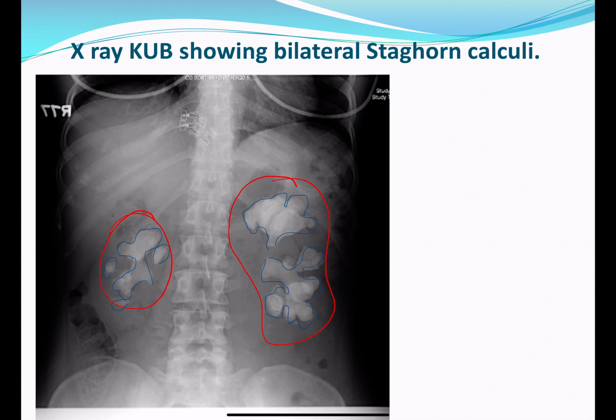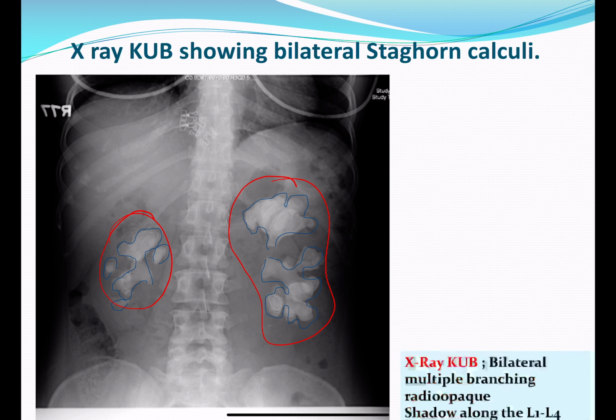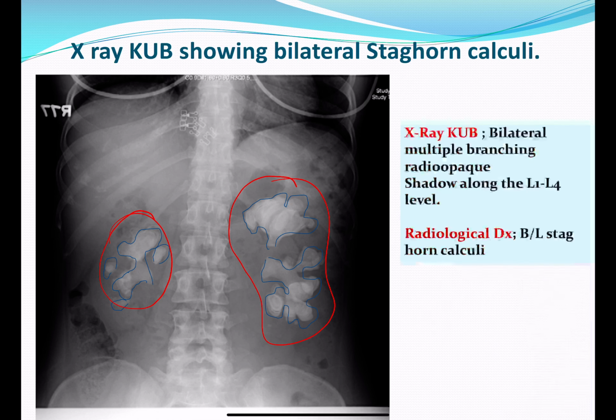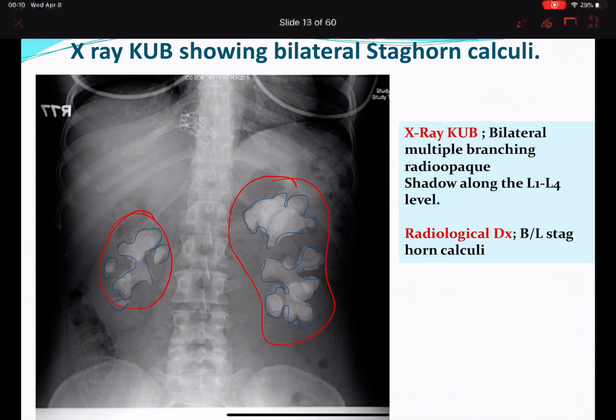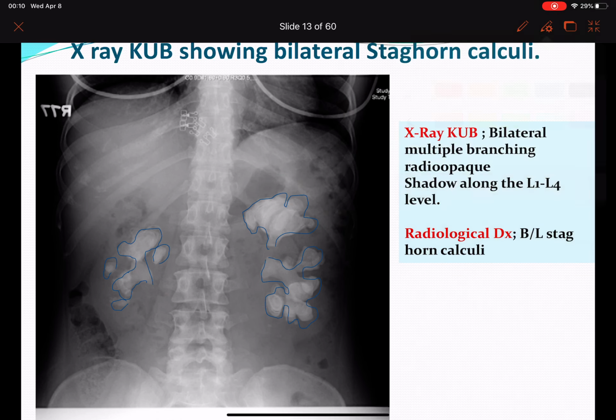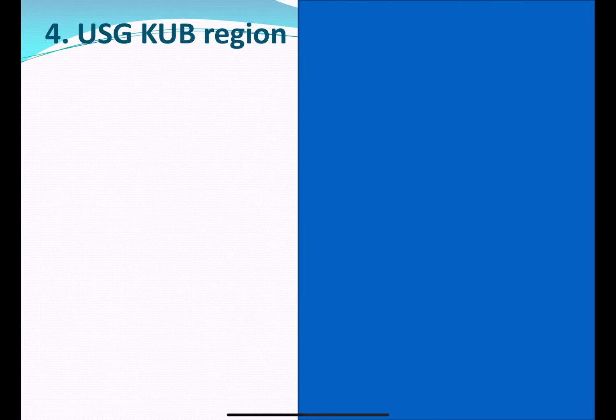This is a case of bilateral staghorn stones. So we can identify this type of stone in a plain X-ray KUB as well. You may get a very small stone on one side, stones on both sides, multiple stones in one kidney, or a branching stone in both kidneys or one kidney. You can see a lot of things in a plain X-ray KUB.